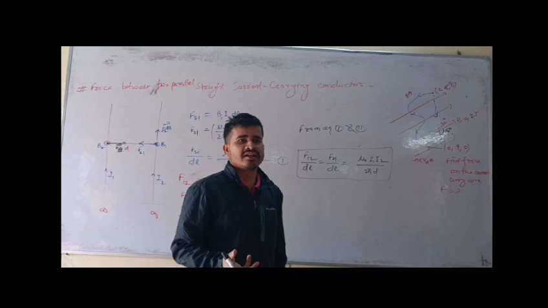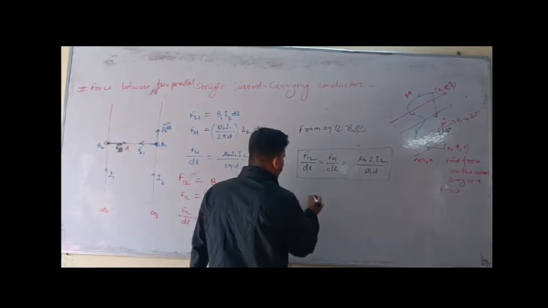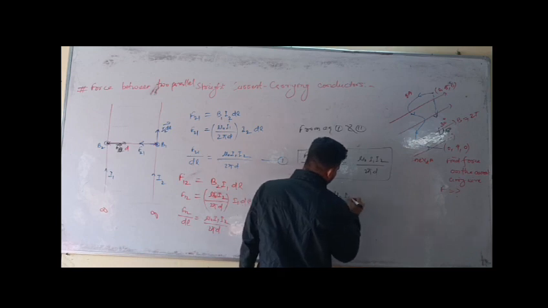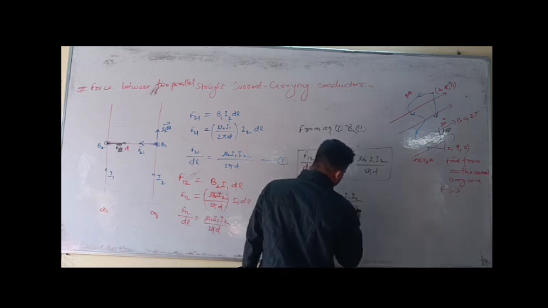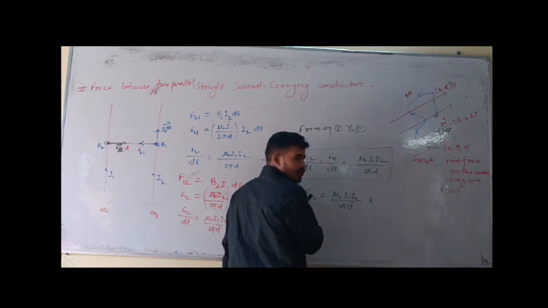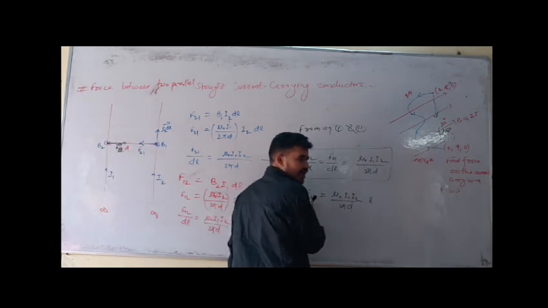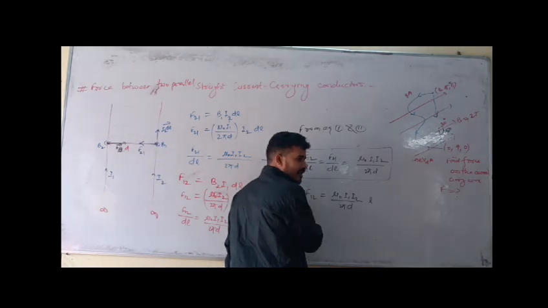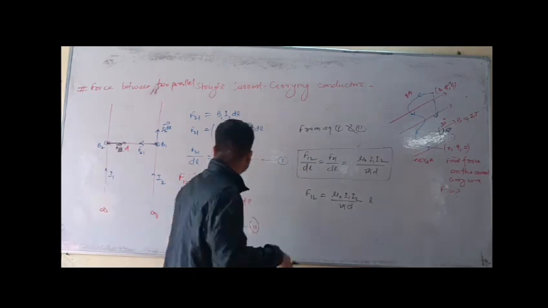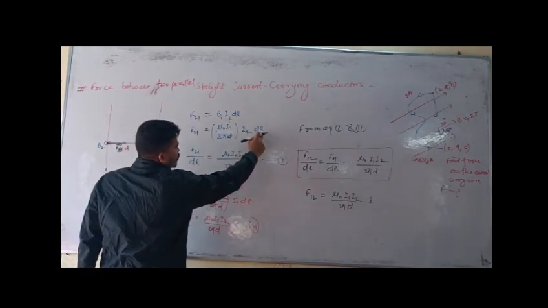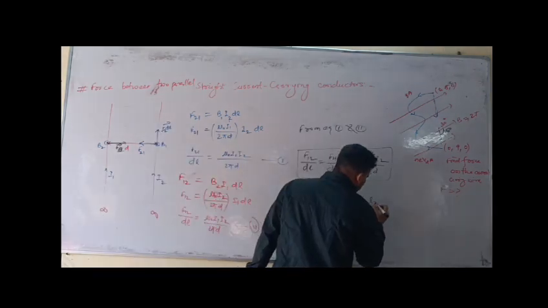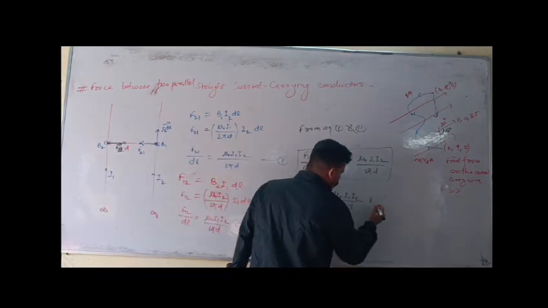If you are asked to calculate the force on one wire due to the other, what will the formula be? F12 equals mu naught I1 I2 upon 2 pi d into what? For the force on 1 due to 2, you take the length of 1 on which you are asked to calculate the force. For force on 2, you take 2. So this will be L1.